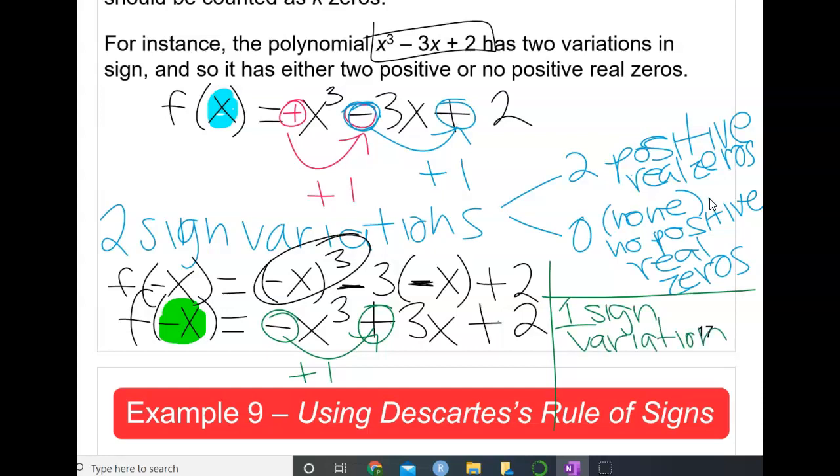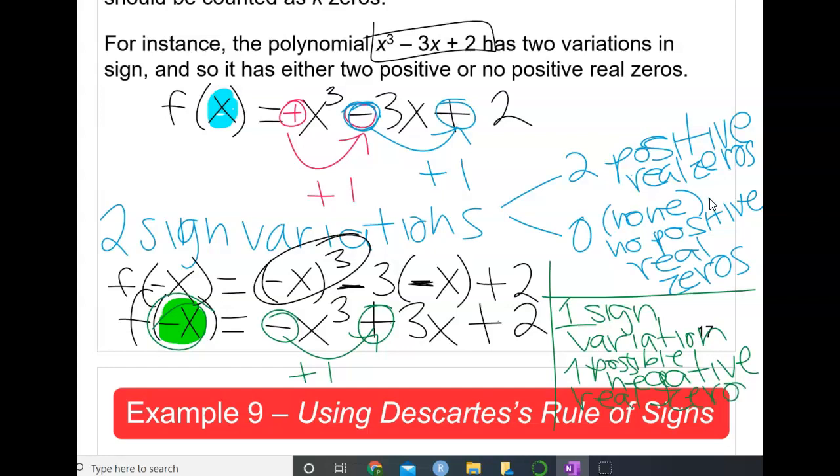What does that mean? That we could only have one possible negative real zero, because we tested negative x.